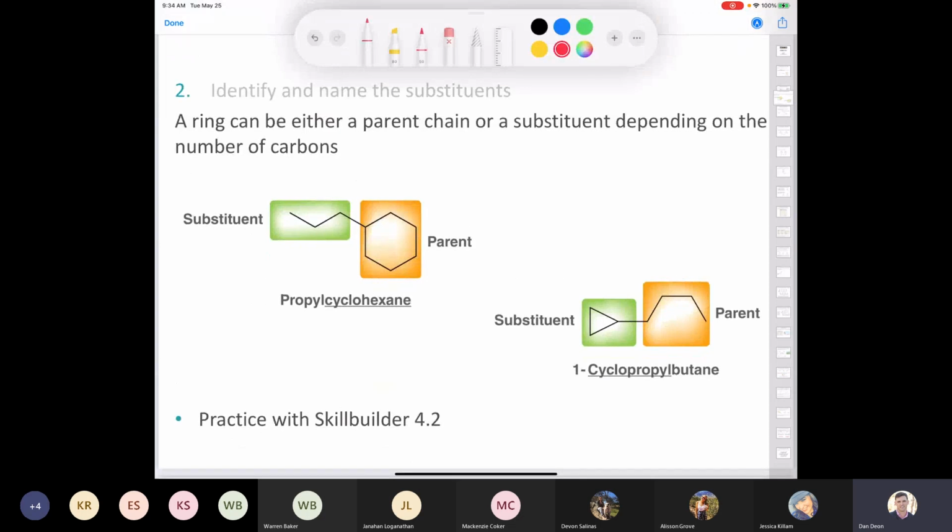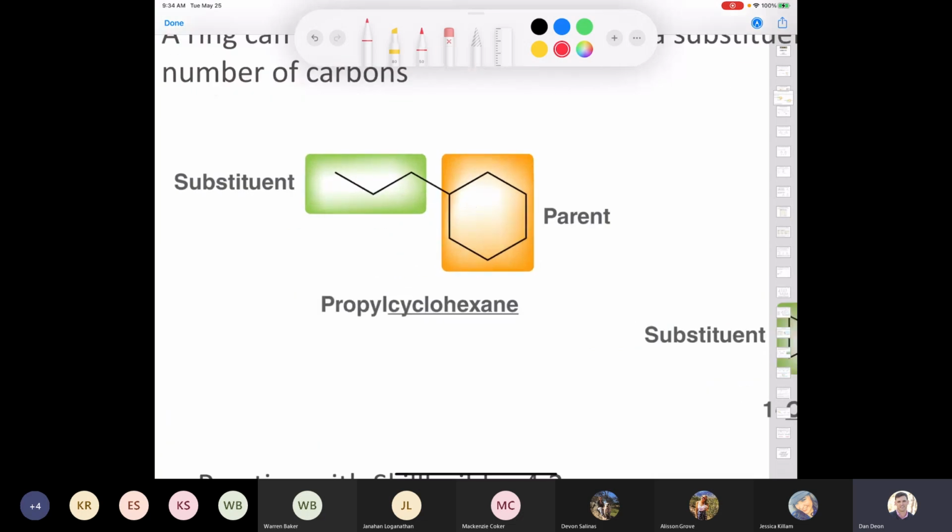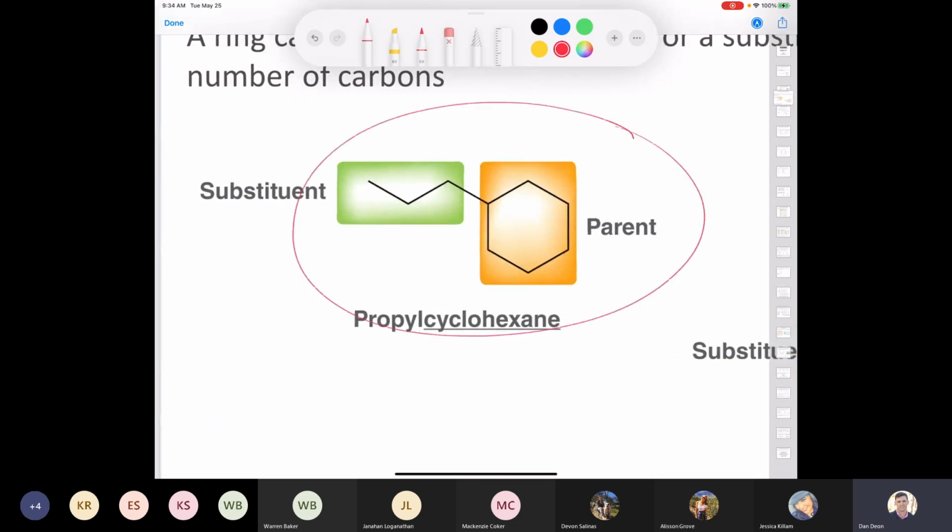So a ring, right, like the cyclopropane, cyclobutane, cyclopentane, so on and so forth. A ring can be a parent, the longest chain, because you can't double over a carbon, right? Let's say you had this molecule here, and I said find the longest carbon chain. You can't do this. 1, 2, 3, 4. No, you cannot go from this branch into a ring.